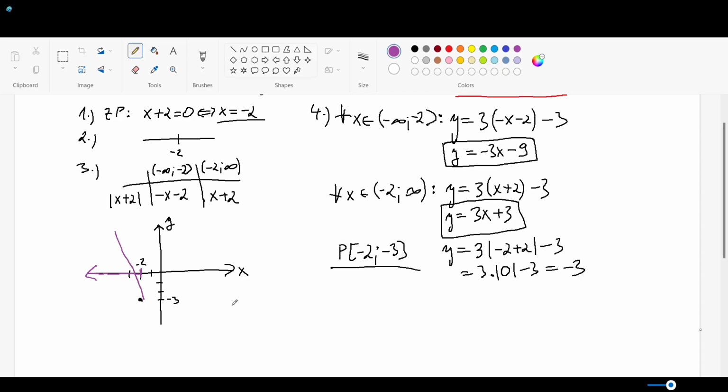So we could start sketching the graph like this, but we want to do it more precisely, which means, and you already know, to sketch the line, and the line is well defined if you know 2 points, and the easiest way again is to find the intercept with the y-axis.